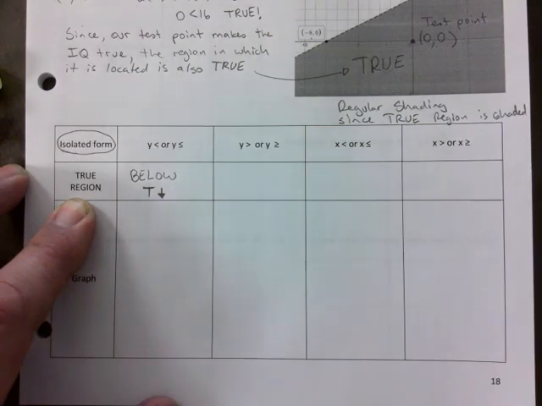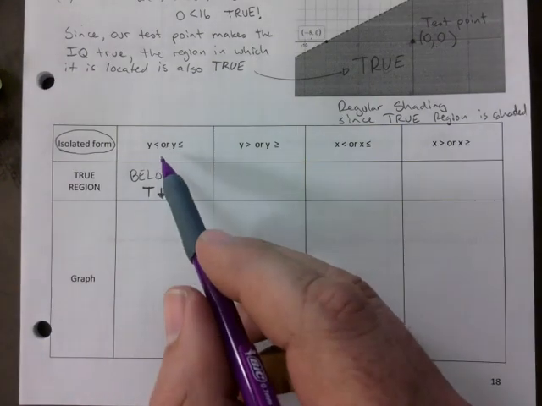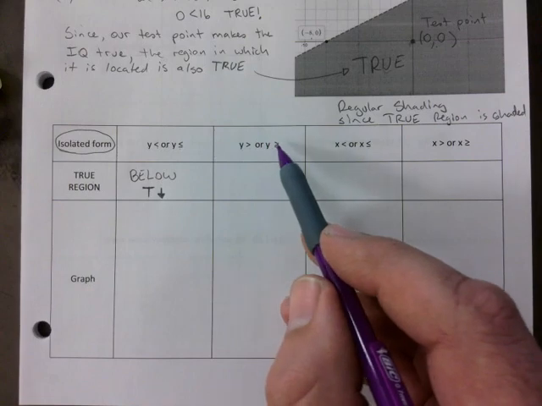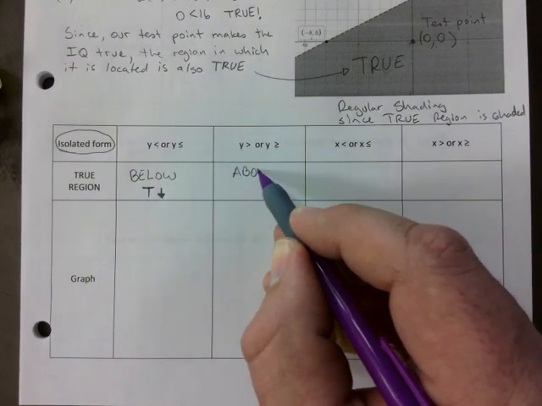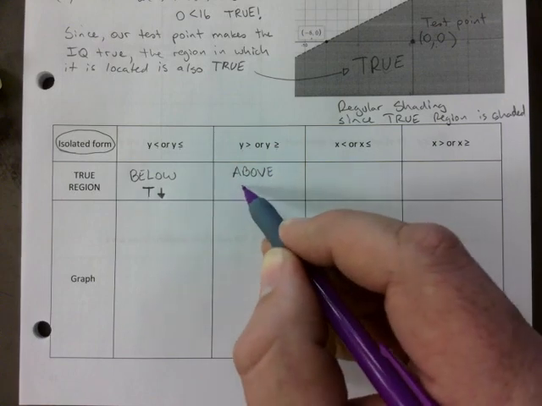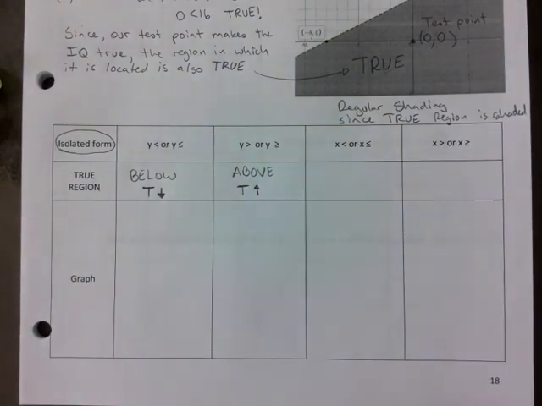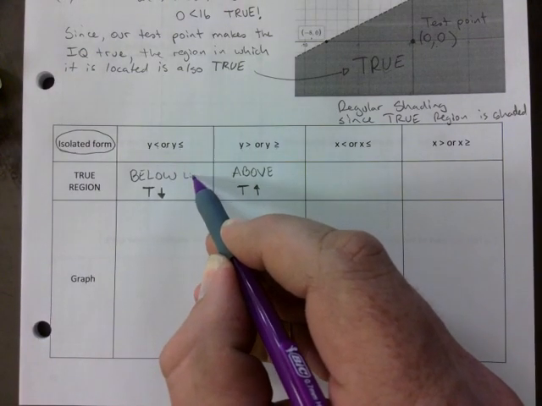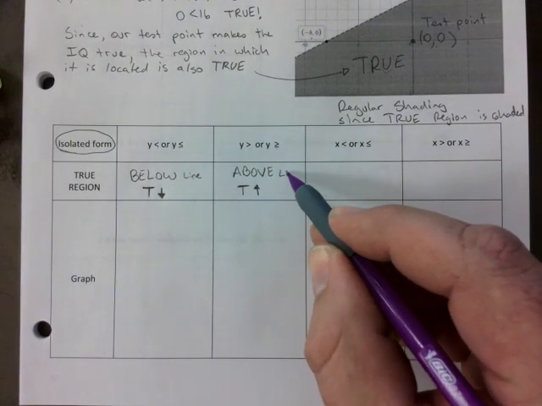That's going to be our code for indicating where the true region is. On the other hand, if you have y is greater than or equal to, the true region is above. For me this makes sense: below the line, above the line.